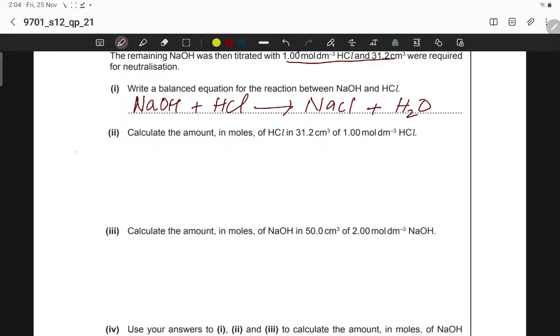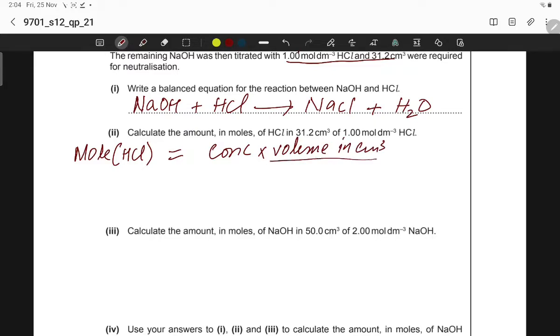We know the mole of HCl is equal to concentration into volume in centimeter cube divided by 1000, and concentration unit is mole per dm cube.